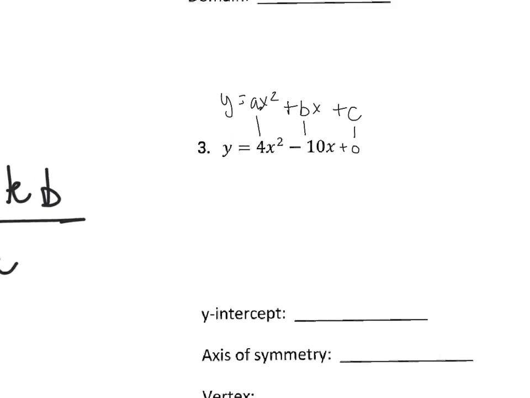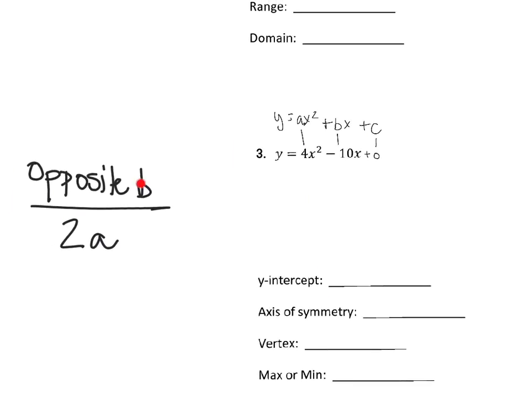So if our formula says the opposite of b, and b is negative 10, the opposite of negative 10 is positive 10. So it'll be positive 10 divided by 2, because there is always a 2 there. This 2 is always in the denominator, it's just part of the formula every time.